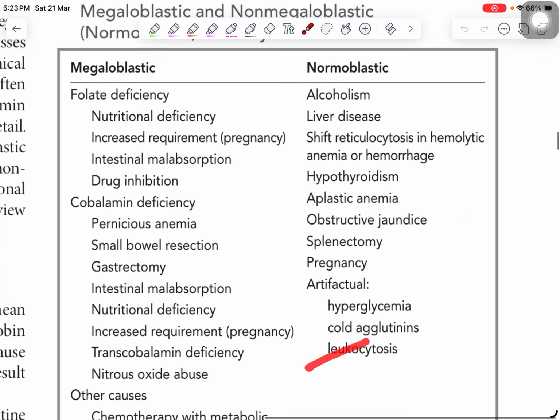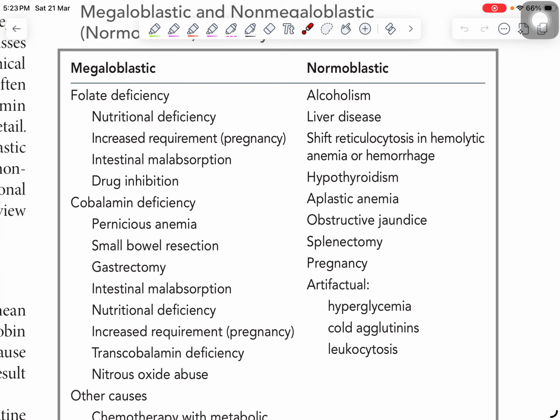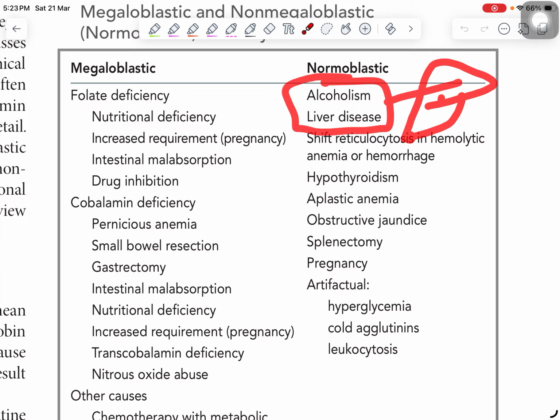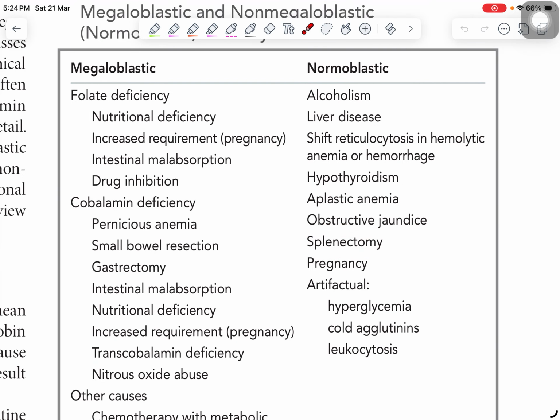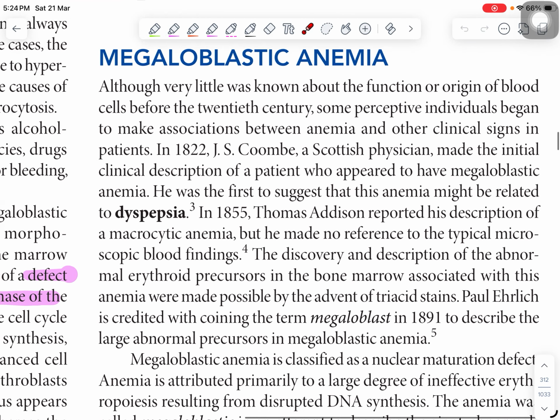In these cases, you will get normoblastic macrocytic anemia. At least you remember this. Alcoholism associated with liver disease, that is done. Liver is done, right? Now we will go to the spleen. So splenectomy is done. Then along with the liver, obstructive jaundice. Then coming to the thyroid, hypothyroidism. So that way you can remember normoblastic macrocytic anemia.